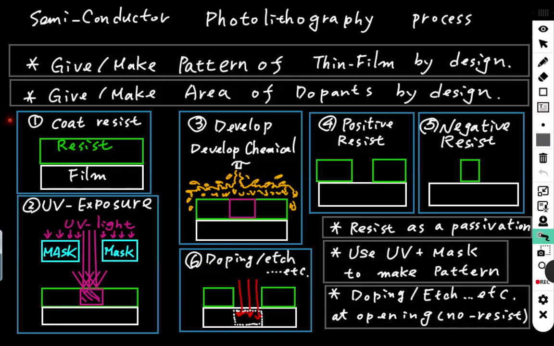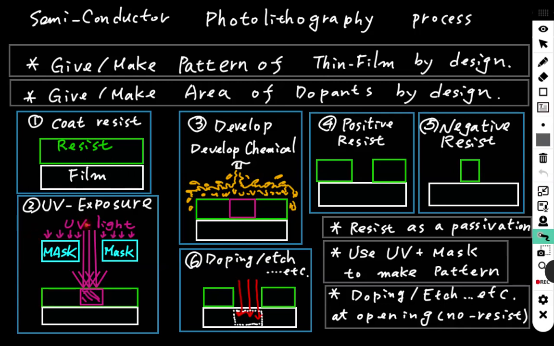The first stage: on the surface of the thin film, we coat a layer of resist. Then we use ultraviolet light, UV light, to expose. How to expose?